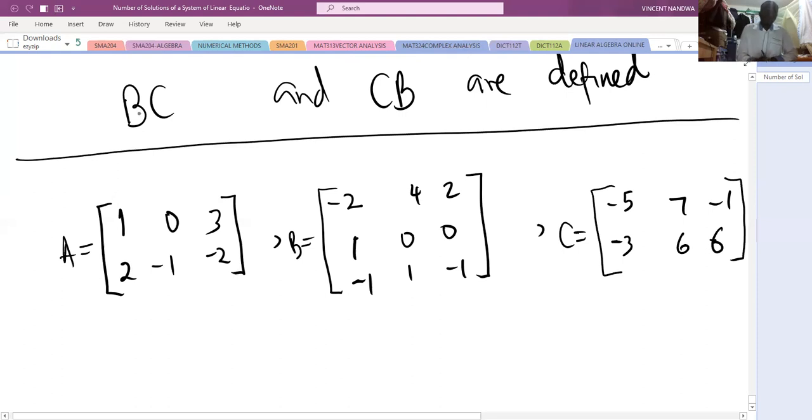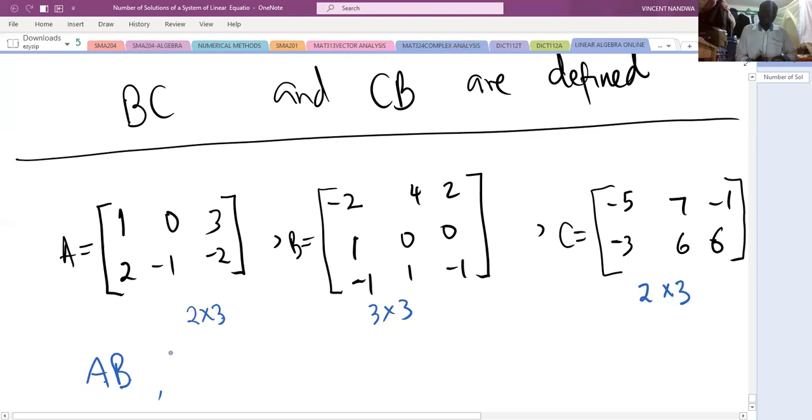Then the order of A is 2 by 3. This is 3 by 3. And then this is 2 by 3 still. So you see AB is defined because A has 3 columns and B has 3 rows.